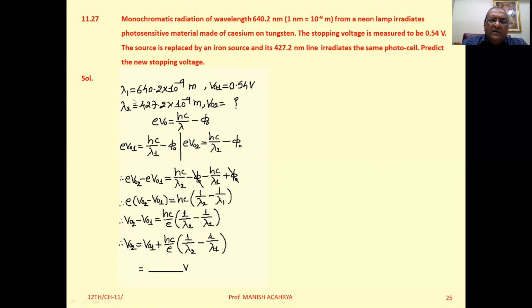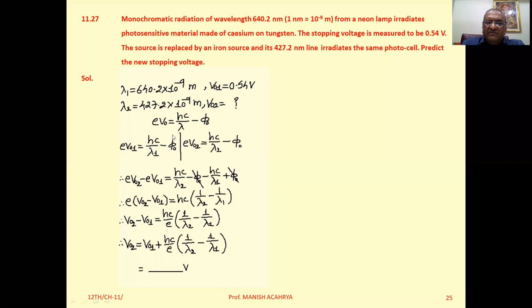Simple. For lambda 1, 640.2 into 10 raised to minus 9 meter, the stopping potential, that is 0.54 volt. Then lambda 2, 427.2 into 10 raised to minus 9 meter, we have to calculate the stopping potential. Now we have equation eV0 equals hc by lambda minus phi0.